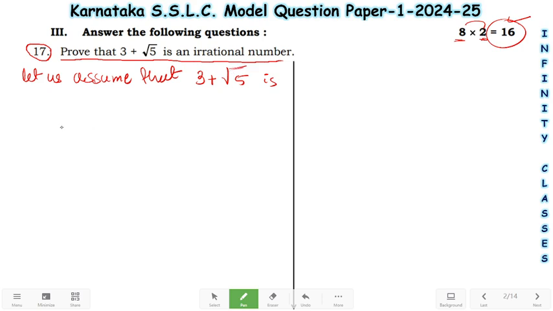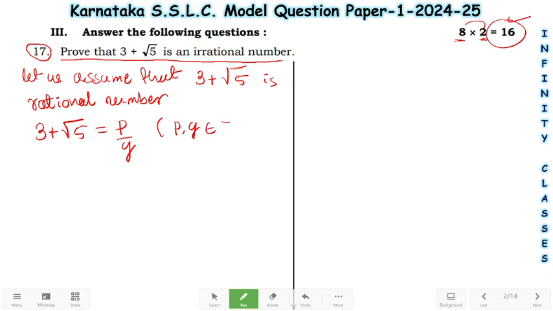If it is a rational number, we have to write it in the form of P by Q, that is 3 plus root 5 is equal to P by Q, where P and Q belong to Z and Q is not equal to 0. Remember here, if it is a rational number, then 3 plus root 5 is equal to P by Q.